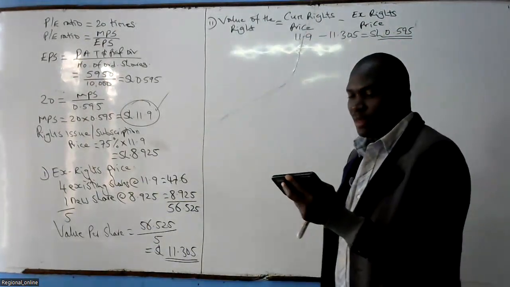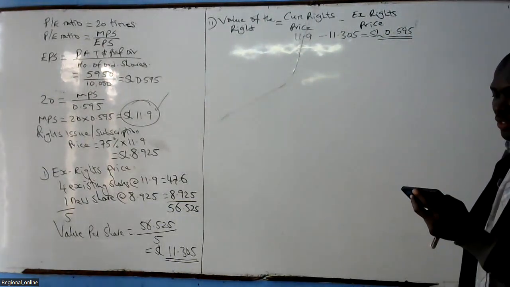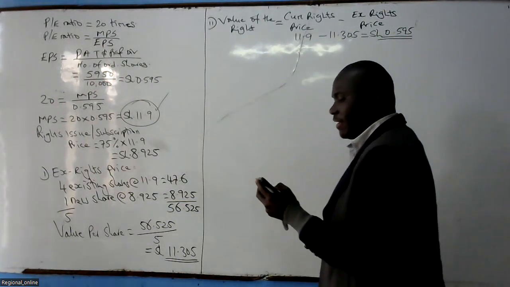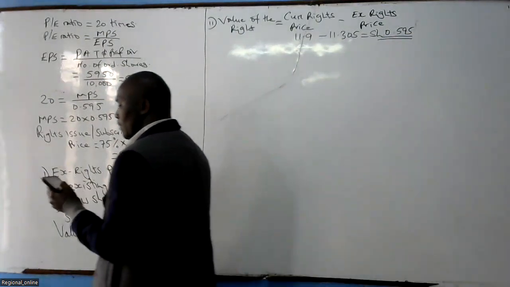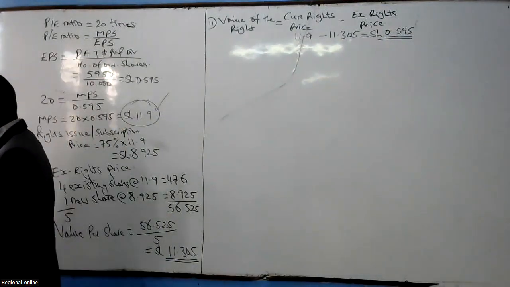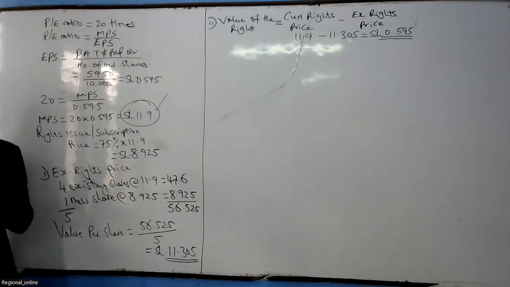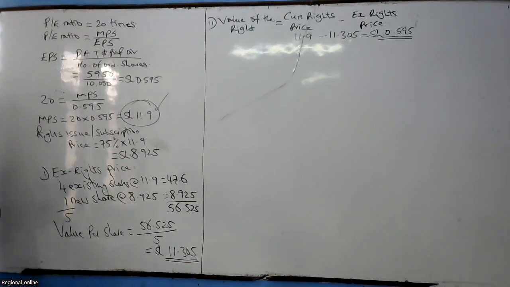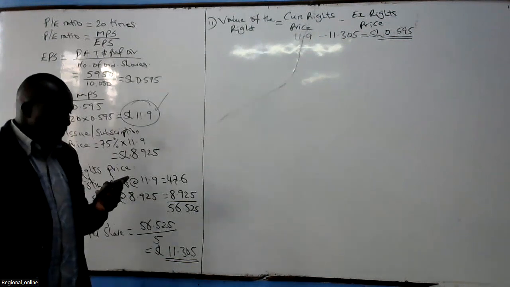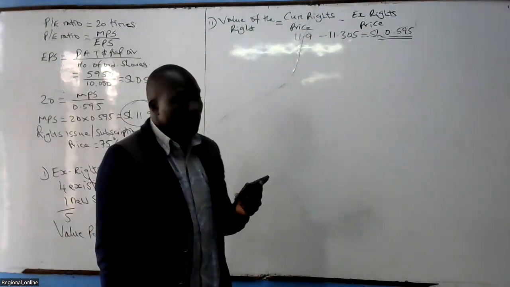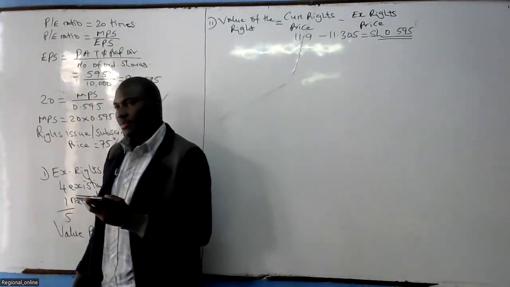Now, the last part here again. Assuming an investor held 5,000 ordinary shares of the company before the rights issue announcement and 15,000 in his savings account, calculate the following options and identify the best option to the investor: if he exercises all his rights, sells all his rights, and ignores the rights issue.